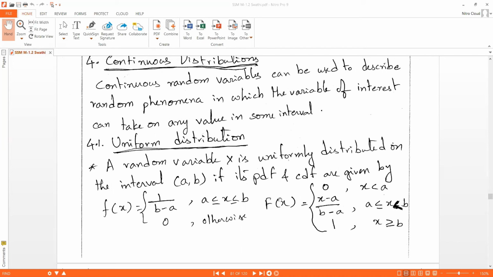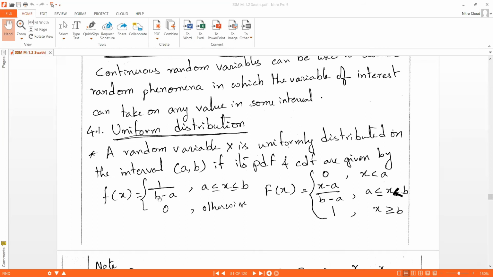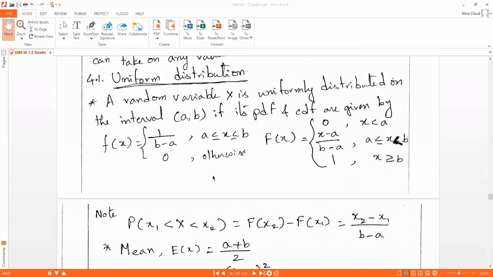The CDF will be given as F of x equal to 0 for x less than a, x minus a divided by b minus a for a less than or equal to x less than b, otherwise it is 1 for x greater than or equal to b. Okay, these are the PDF and CDF for the uniform distribution.